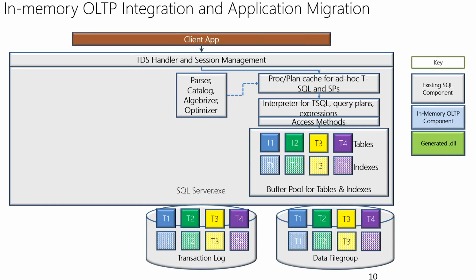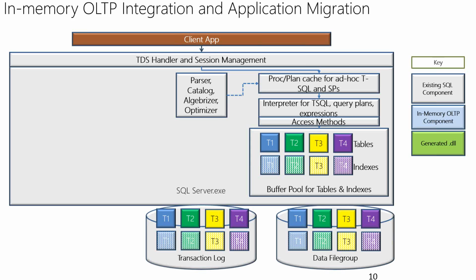So let's go a layer deeper into what's happening here. This is sort of a block diagram of SQL Server as it has existed for a long, long time. Starting from the top, your client app goes through the network to the TDS handler. TDS is the protocol SQL Server uses for talking over the wire or between processes.